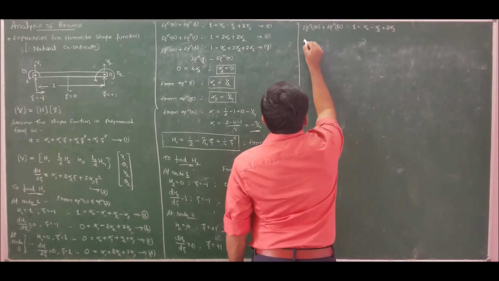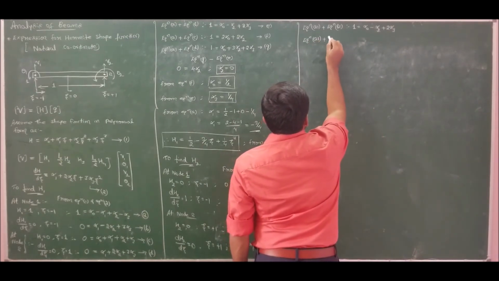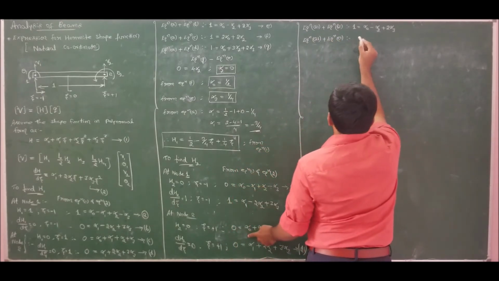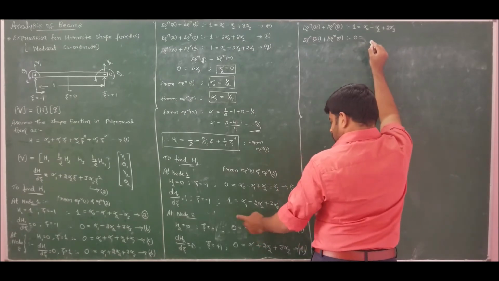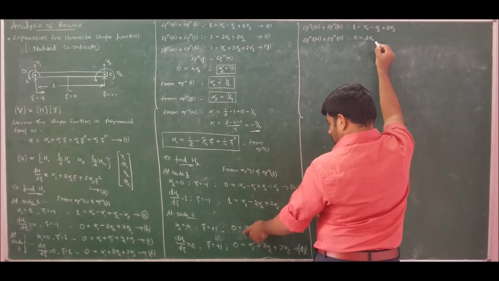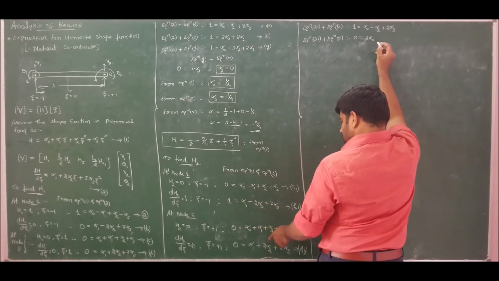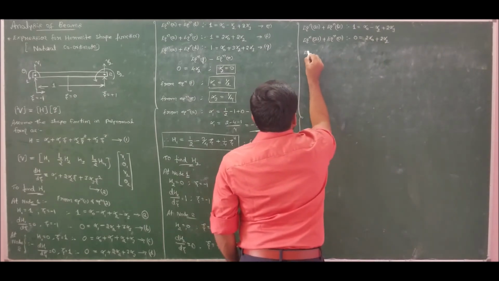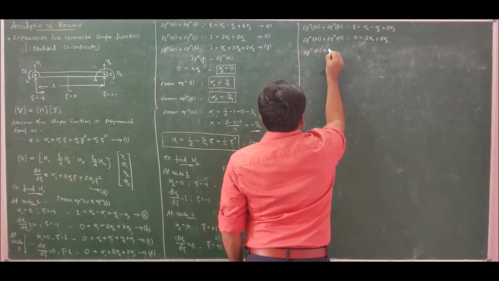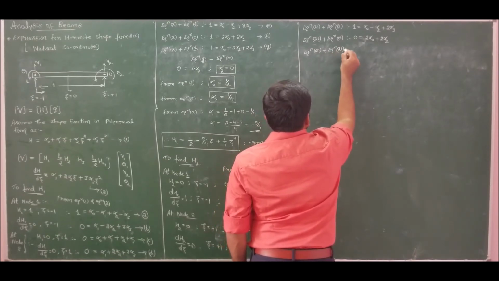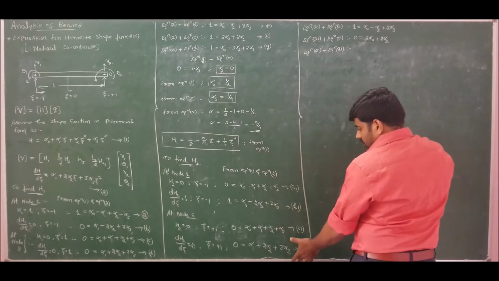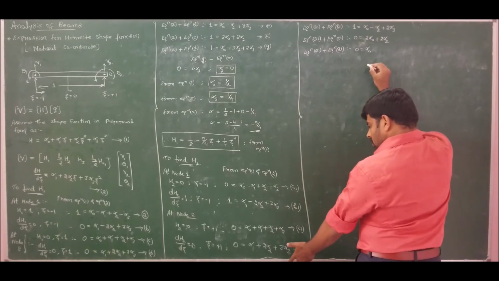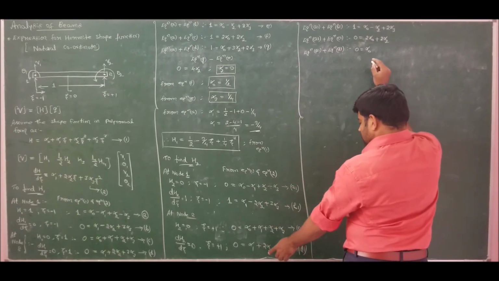Next, if I go for equation A1 plus equation C1, 0 is equal to 2 alpha naught, alpha 1 will get cancelled, plus 2 alpha 2. Next, if I go for equation A1 plus equation D1, 0 is equal to alpha naught, alpha 1 will get cancelled, it will become plus 3 alpha 2.